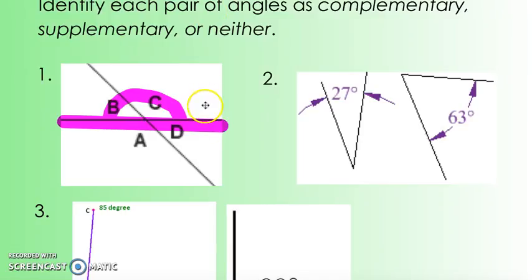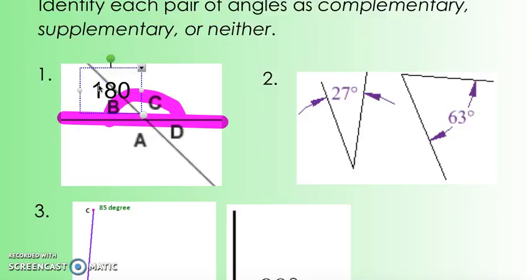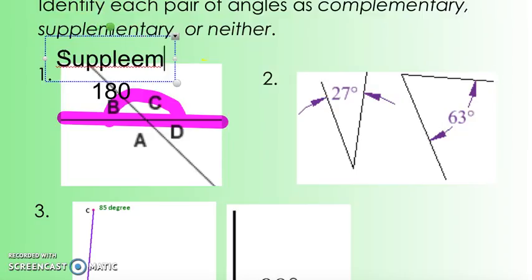That straight line represents a straight angle, so B and C create 180 degrees together. If they create 180 degrees, what kind of angles are those? Complementary, supplementary, or neither? Yeah, supplementary. Nice job.